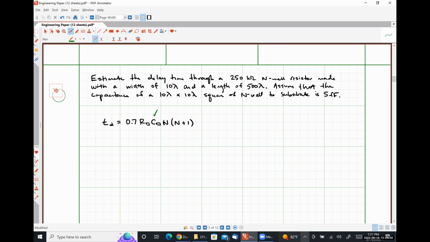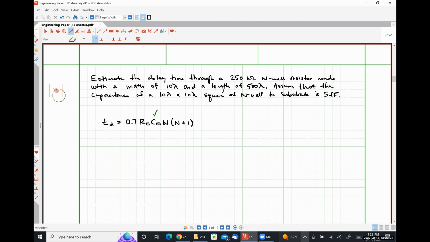So what do you want to do first? R square or N? That's the wrong choice. The reason why I say that that's the wrong choice is that we know the total resistance of the resistor. If we know N, then R square is just the total resistance divided by the number of squares. So let's figure out N first. Okay.